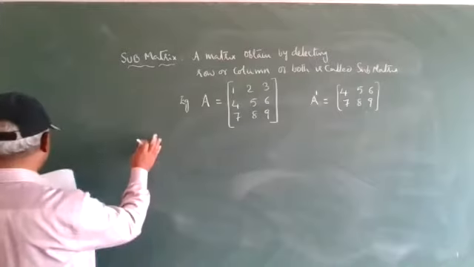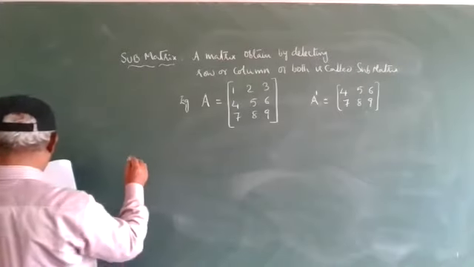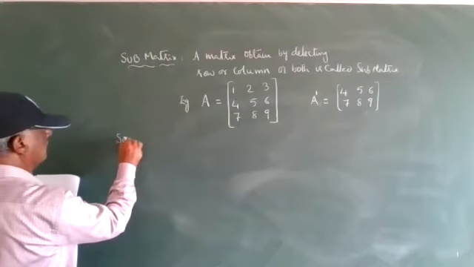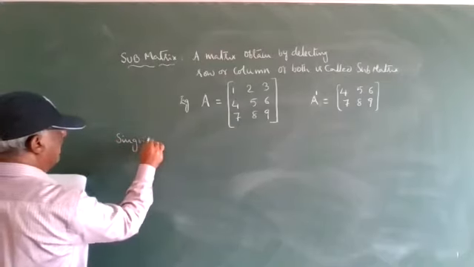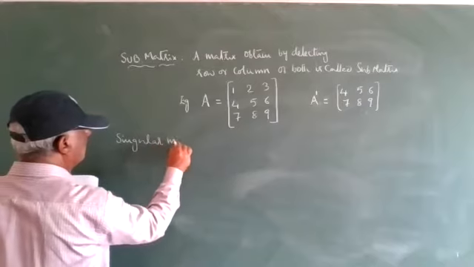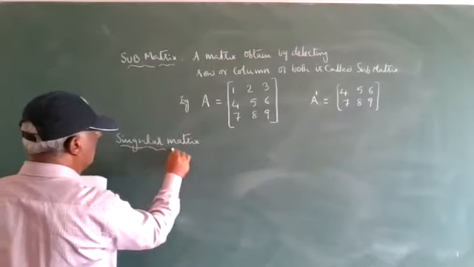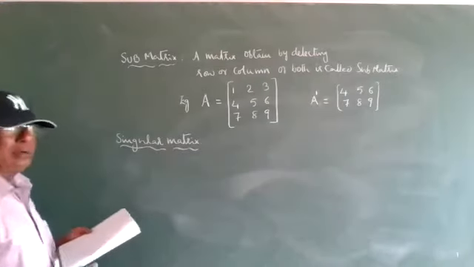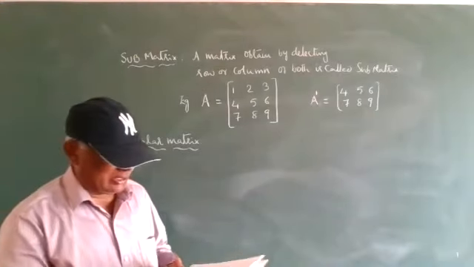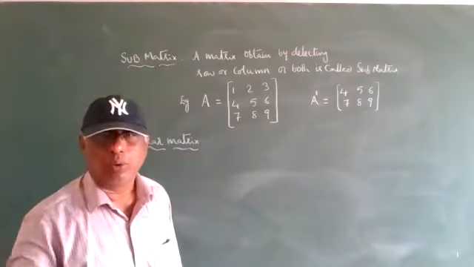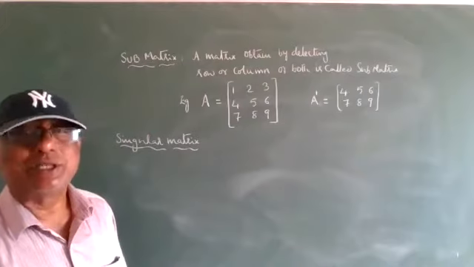Right, now the singular matrix. In any square matrix, if the determinant is 0, it is called a singular matrix.